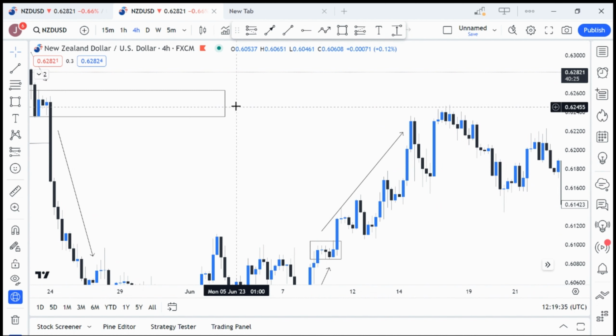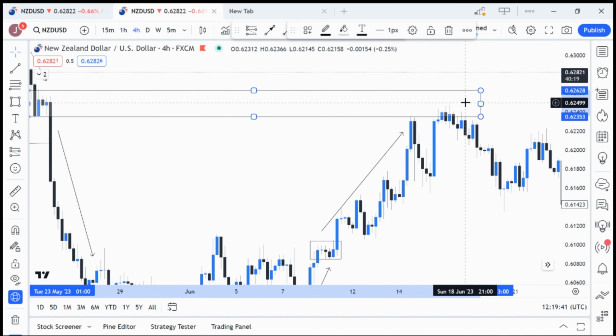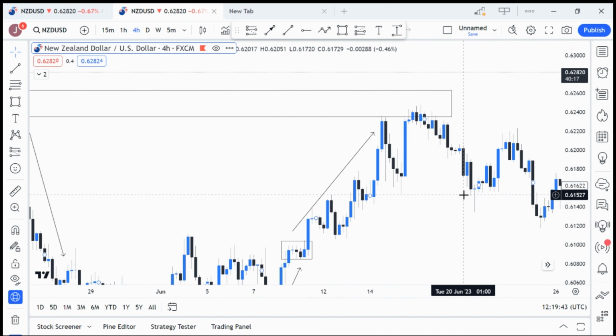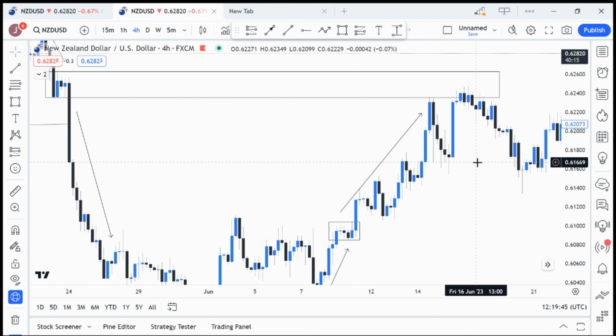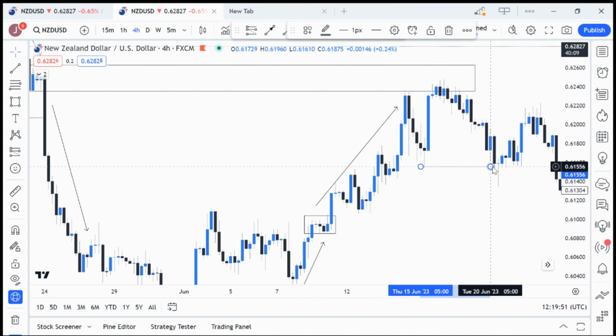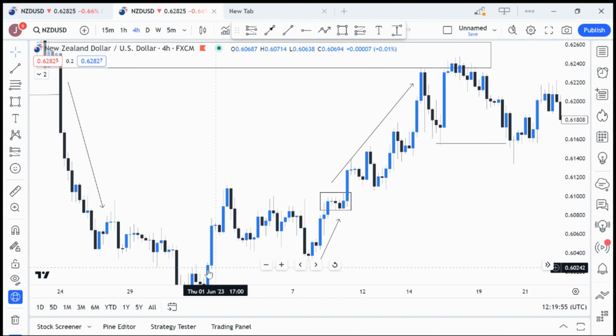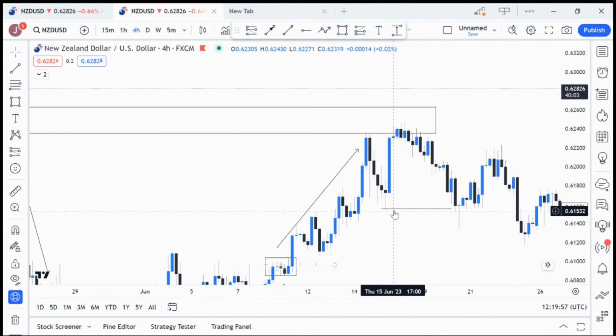Okay, let's move forward and see that the market eventually came back to that zone and did what? It started selling back. The market came down there. We had a change of character at this point, because here has been an uptrend. Then this is the last low.